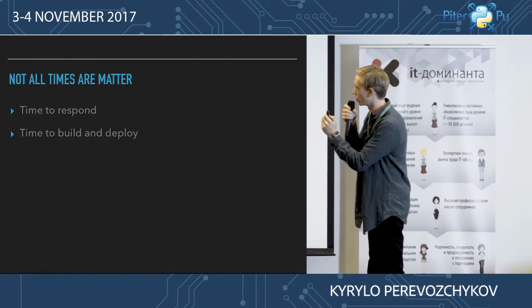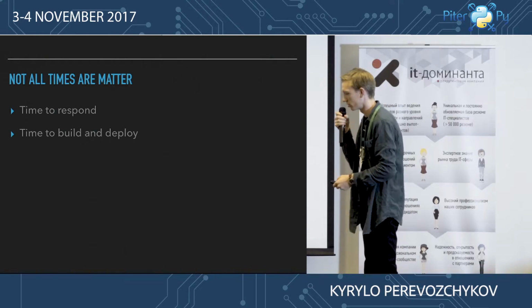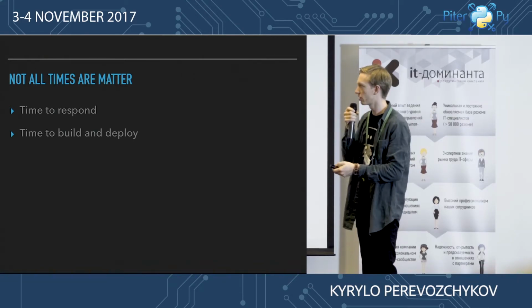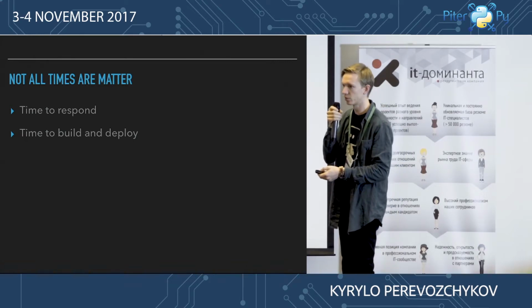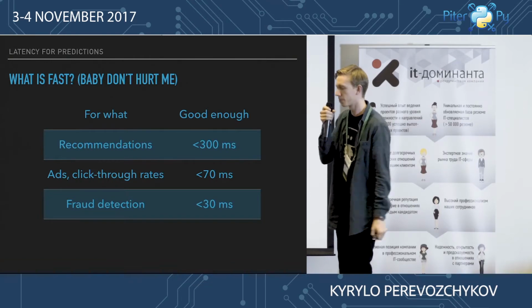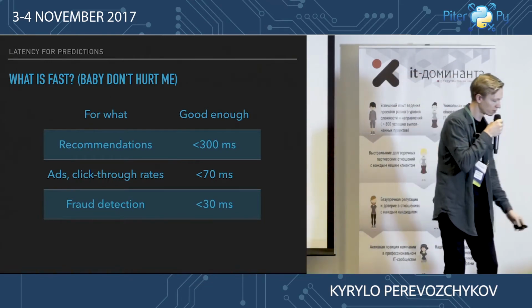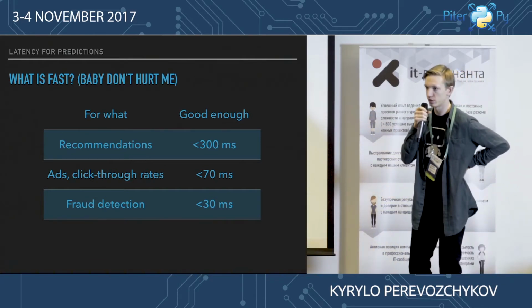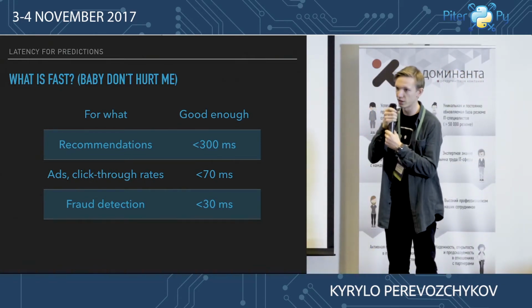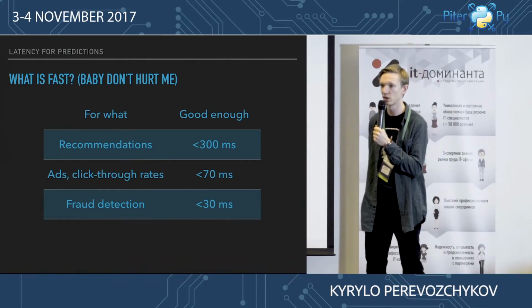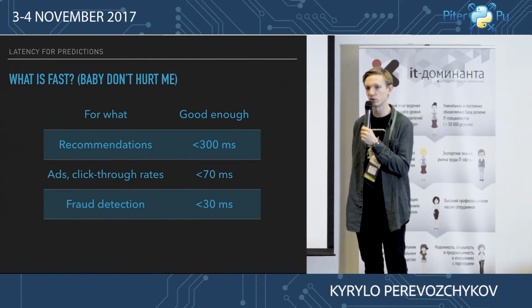And I have already mentioned that not all the functionalities are important. For certain businesses, we need a short time to respond. For some others, it needs to be fast deployment. And what is meant by fast? 300 milliseconds are good enough for recommendations. It is based on the feedback from our customers.